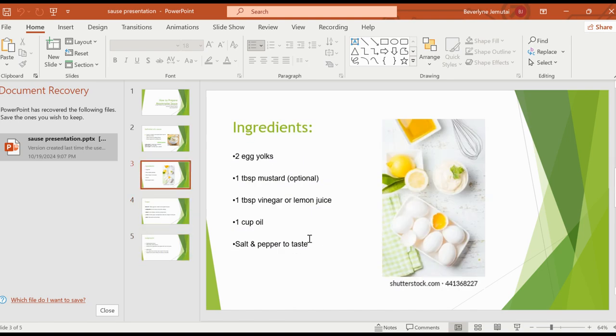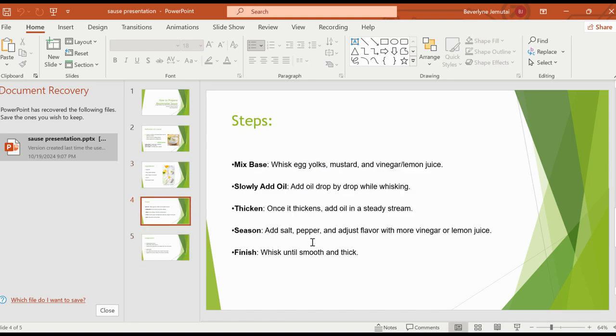Let's move to the next part. The next part is the steps or procedures used in making mayonnaise. Step number one, step number two.